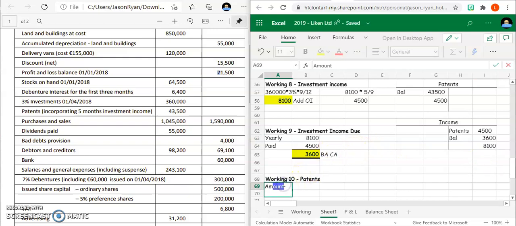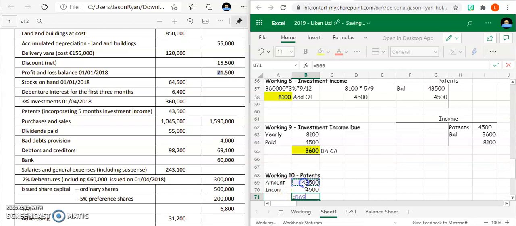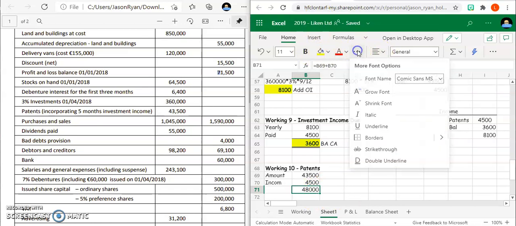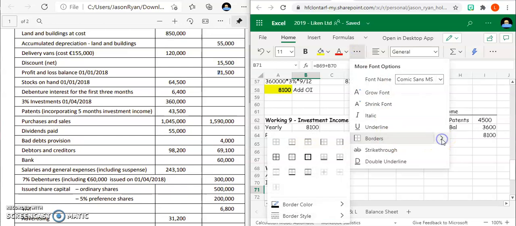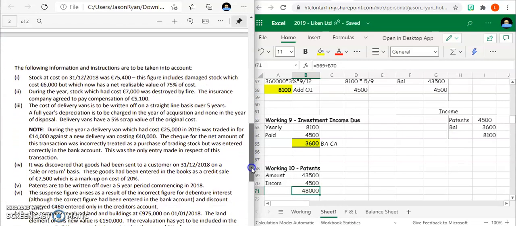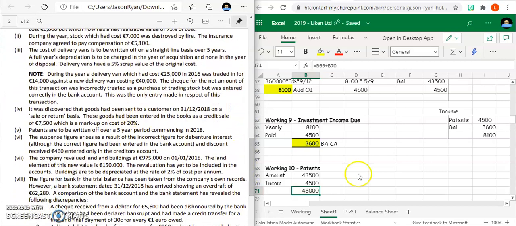So your patents amount is going to be 43,500. Your income that we incorporate is going to be 4,500. So you're going to add those two together. So that's going to give us 48,000. So our patents is 48,000. What we need to do with that is, it tells in the question that it is written off over 5 years.